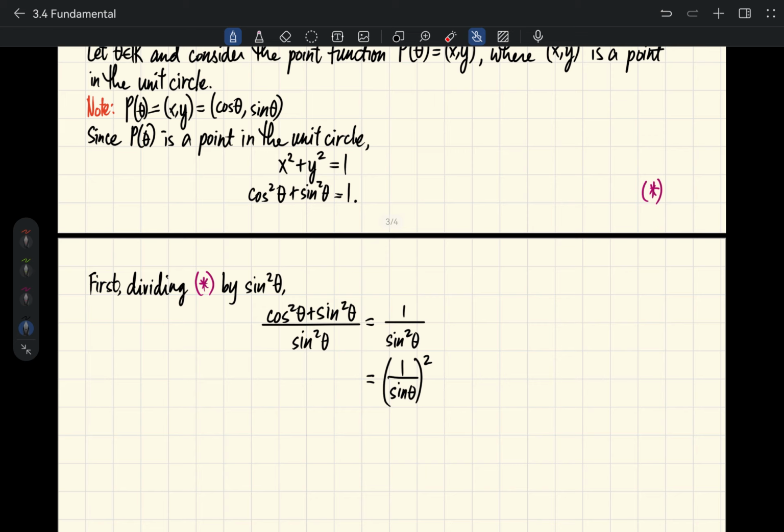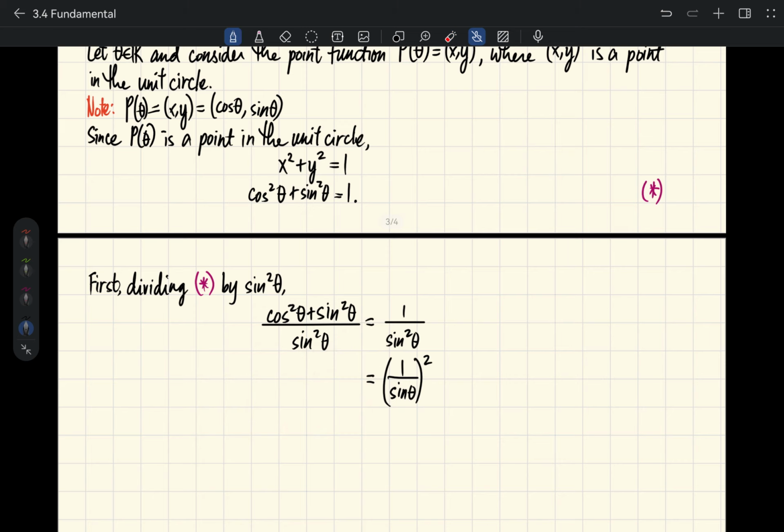On the other side, observe that we can split this fraction into sums since the addition is in the numerator. So we have cosine squared theta over sine squared theta plus sine squared theta over sine squared theta. But this one right here is just equal to 1.